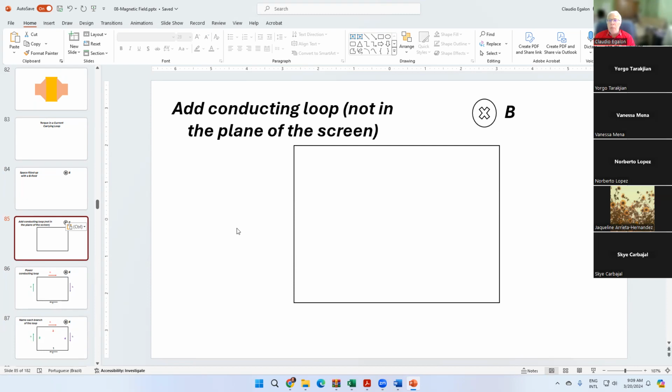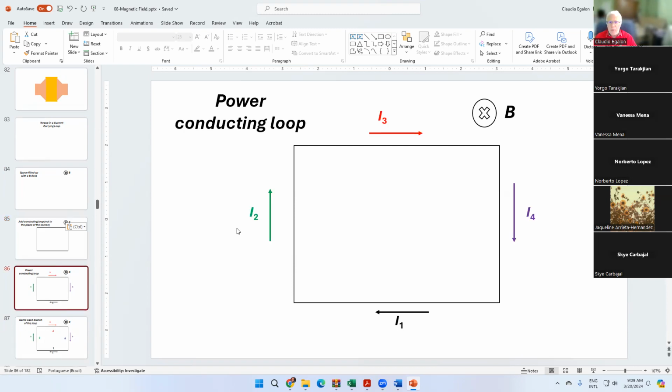If the plane of the loop does not coincide with the plane of the screen, it's going to be something like that. That's the plane of the screen. Here's the loop, 1, 2, 3, 4. Instead of coinciding with the plane of the screen, the loop is a little bit inclined. Okay.